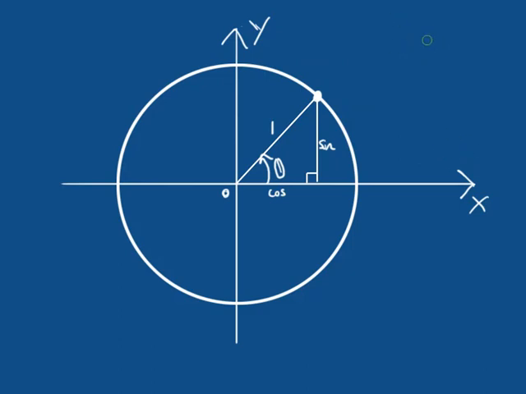We know the hypotenuse of that triangle has a length of 1, it is our radius, the base of the triangle travelling in x is a length of cosine theta, and the height of the triangle in y is a length of sine theta. I want to label the vertices of this triangle as A, B, and C. Well, what if we took this right-angled triangle and scaled it up uniformly?